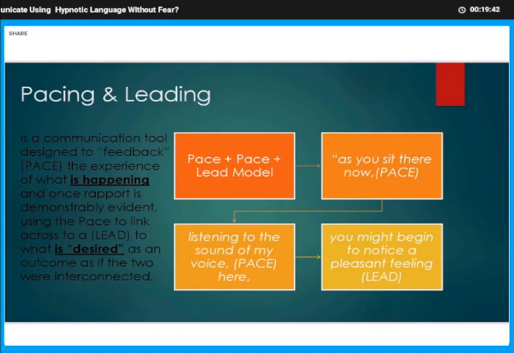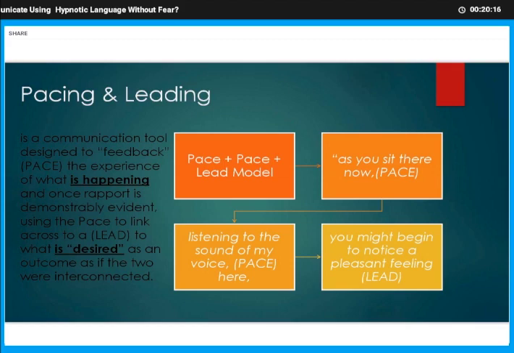So if you want more information on how to know whether you're in rapport with another person, I highly recommend looking up mirroring and matching in neurolinguistic programming. If you're aware of that, you want to use that pace, establish another pace, and then link it across to a lead. That's what you're desiring as the practitioner, as the salesperson, as the professional, as the parent, whatever it is. You begin with two paces, and you follow that with a lead. It's as if those two were connected.